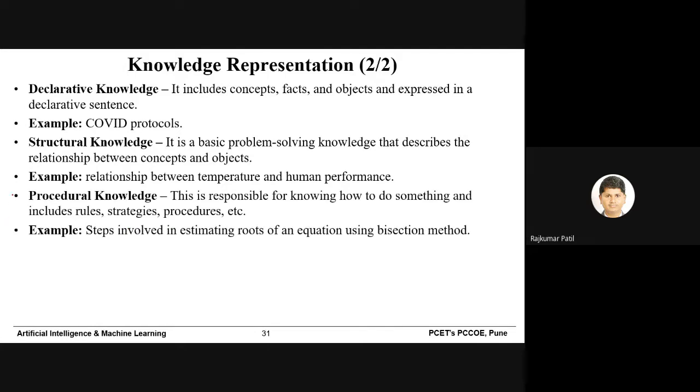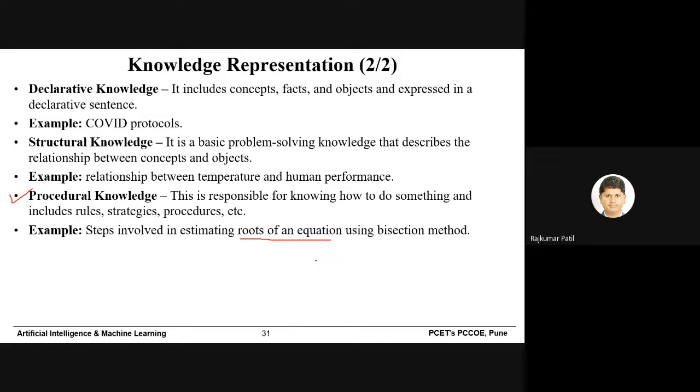The third one is procedural knowledge. We know that while solving problems like finding the root of an equation, you followed a certain step-by-step procedure. The role of the AI system, for solving a given particular problem, is to follow a particular procedure, and based on that procedure it will take some decision.